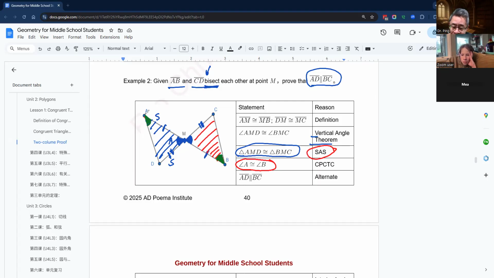If you look at here, this left triangle is equal to the right triangle, and how do we match? Well, if we use AMD, now the other match will be what? From A to M, and this AM is congruent to BM, so it has to be BM here. So that means BMC. So therefore, A corresponds to B. So angle A is congruent to angle B.